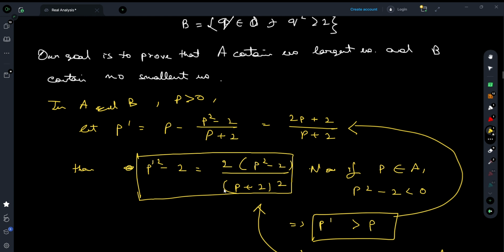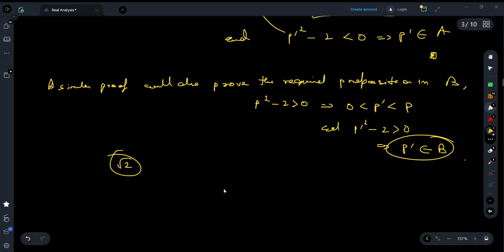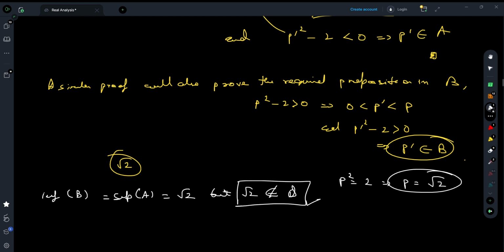But if you carefully notice the two sets and idealize the concepts of supremum and infimum, you will notice that the infimum of B and the supremum of A will be the number root 2. If we take p square as 2, then p is the number root 2.